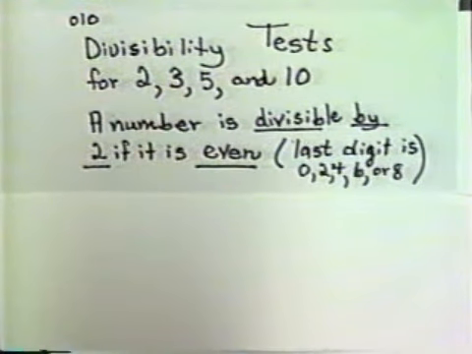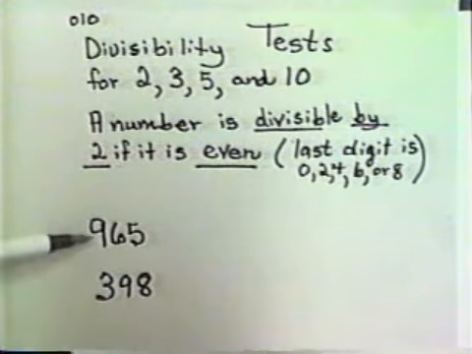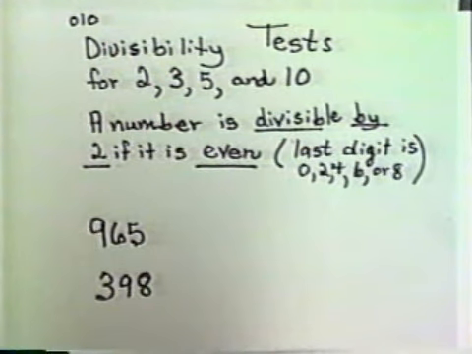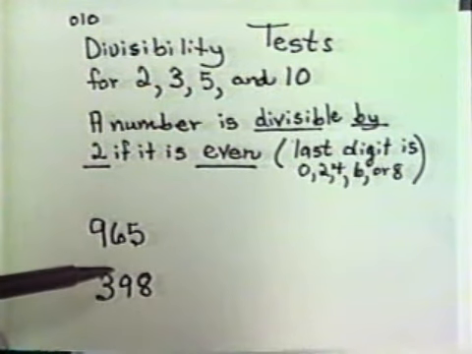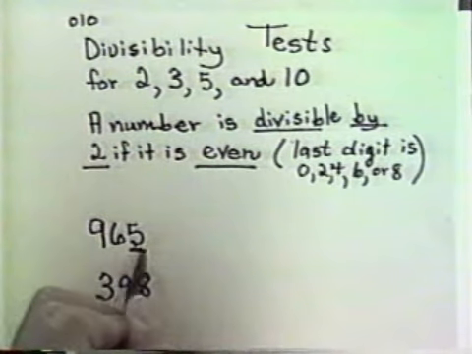So let's look at some examples. Let's look at these two numbers and decide whether or not they're divisible by 2. We start with the 965. The thing that tells us whether it's divisible by 2 is the last digit.